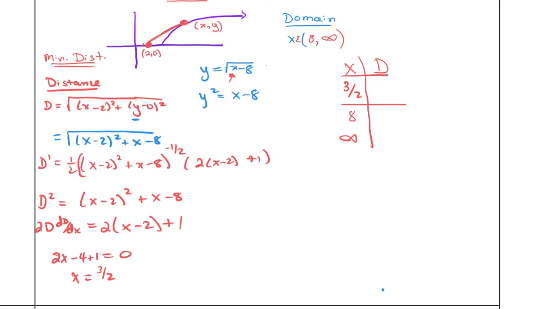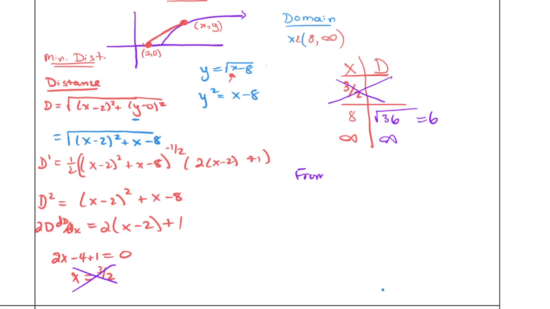All right, so when we substitute 8 into our distance formula, we get the square root of 36, and that becomes 6. When you substitute infinity, you get infinity. When you substitute 3/2 into your function, maybe you started to recognize 3/2 is not even in the domain. This does not have a critical number at all. So the endpoint, 8, is where you're going to have your minimum distance. But you had to show it.